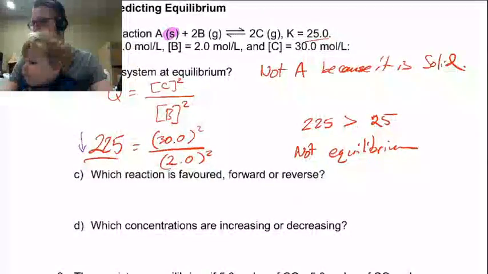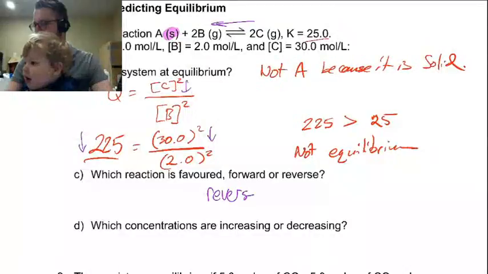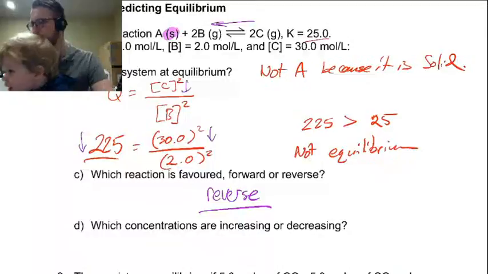It needs to come down, which means we need to bring down our numerator. To bring down our numerator, which is bringing down C, we need to shift this way. The only way to bring down C is to bring up B, and that's a shift in the reverse direction. So the reverse is favored. We have extra product right now.